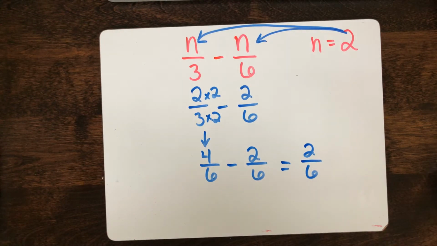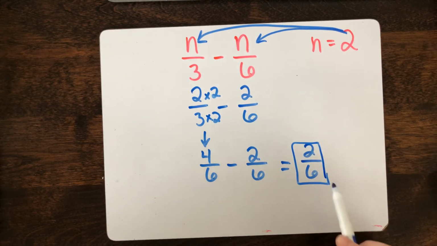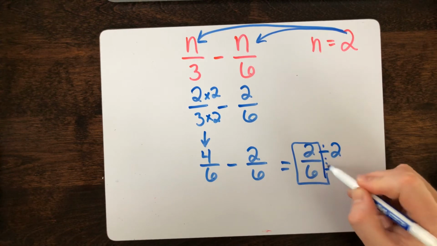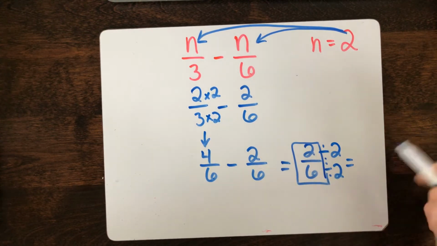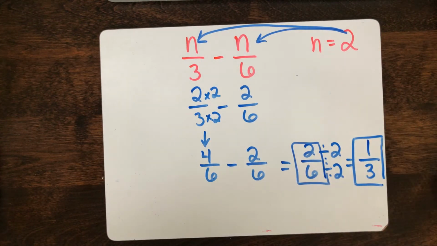Now for this problem, I did say make sure you simplify, because some people put 2/6, but that's not the correct answer, because you can simplify 2/6 by dividing top and bottom by 2. And the simplified answer is 1/3. All right, so that was the second problem on the Google form.